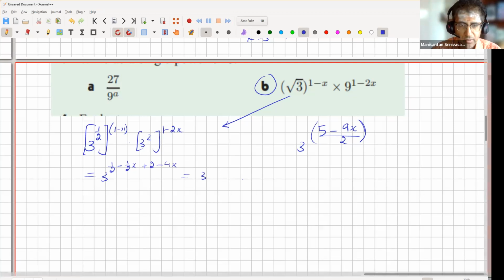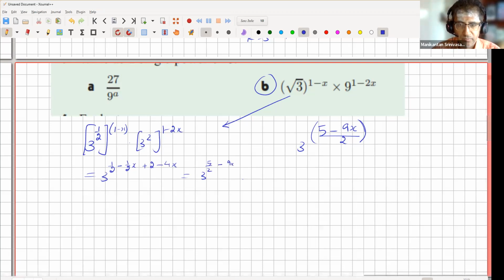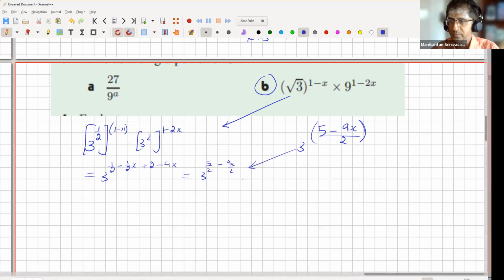So it's 3 power, 2 plus half is 5 by 2, and then 4 plus half is 9 by 2. Which is indeed what she has. 5 minus 9x whole upon 2. Yeah, straightforward. Okay. Let me see if I can make up a question. These questions are fairly easy. Okay, I'll give a more difficult one, right?